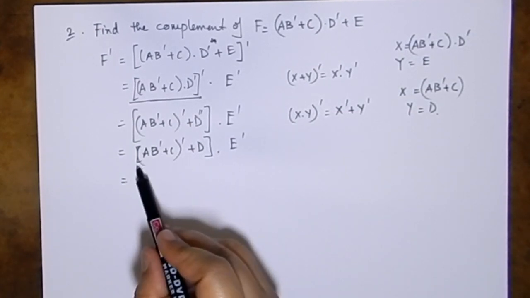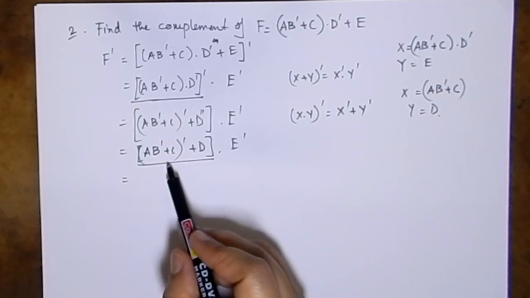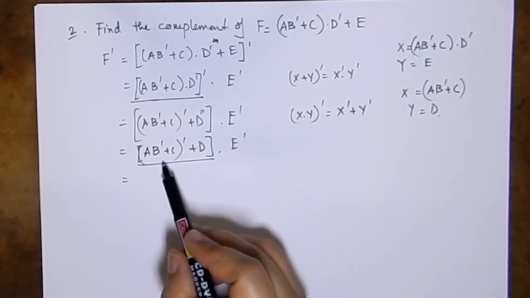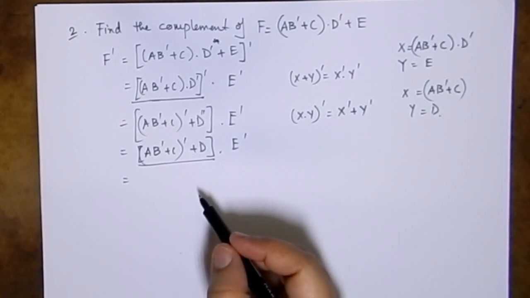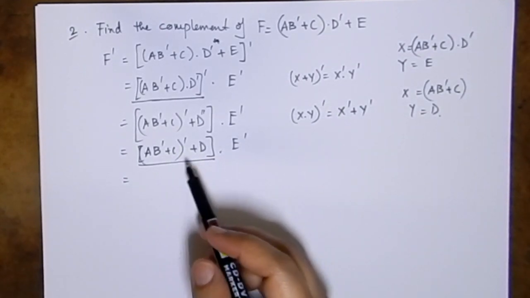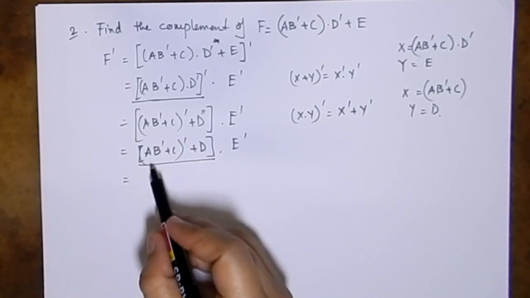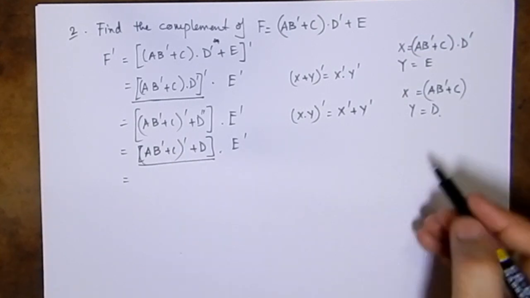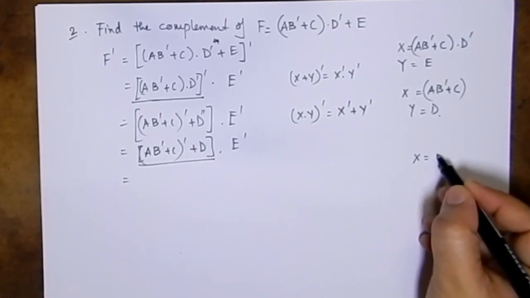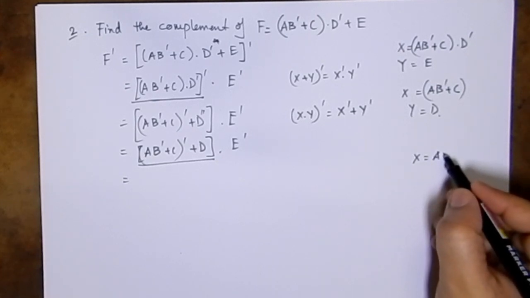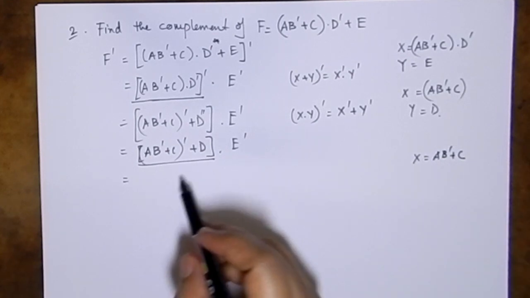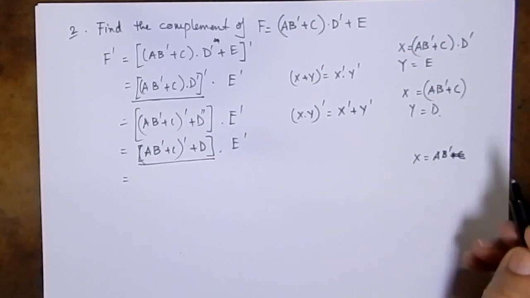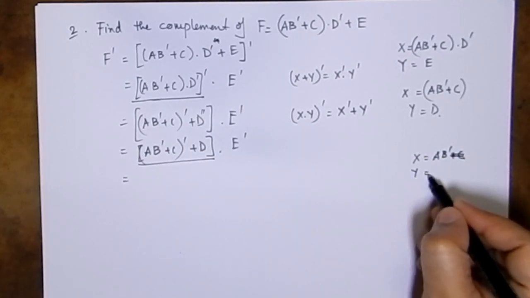Now again this term is a sum of two terms, isn't it? So I can take x equals ab dashed and y is c.